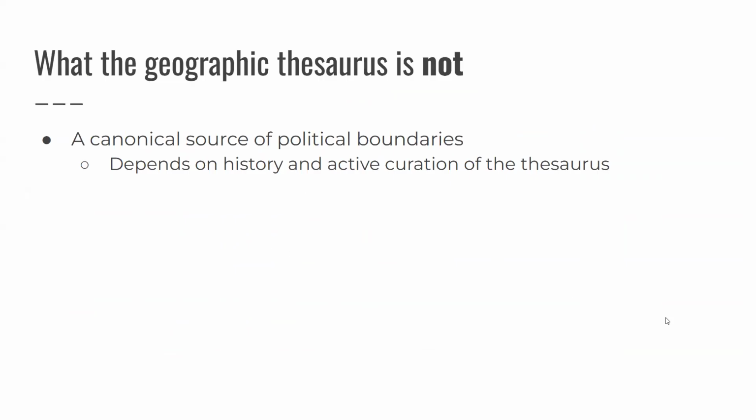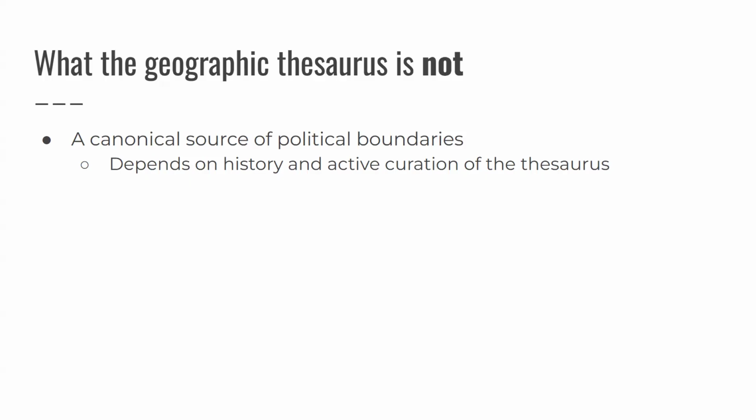Okay, so I also want to give a clarification about what the Geographic Thesaurus is not. So it is mainly, just like the taxonomic thesaurus, for reference, for ease of connecting pieces of data, but it is not a canonical source of political boundaries. It has to be curated, and political boundaries do change over time.